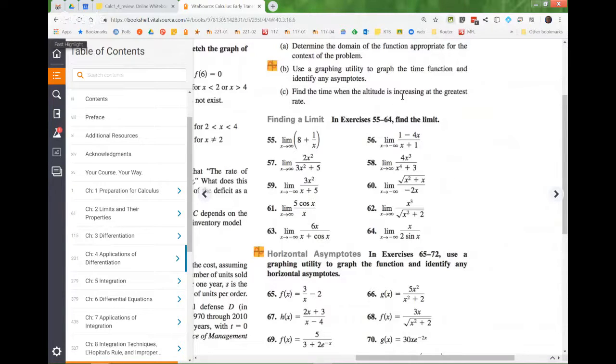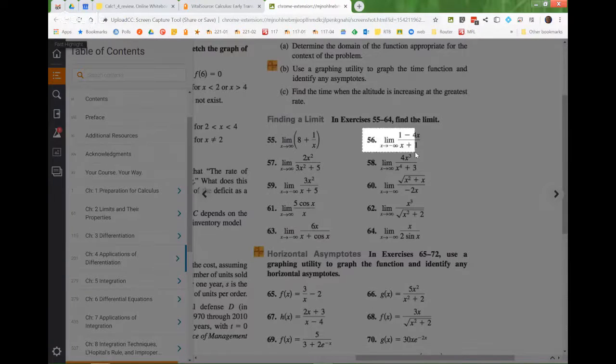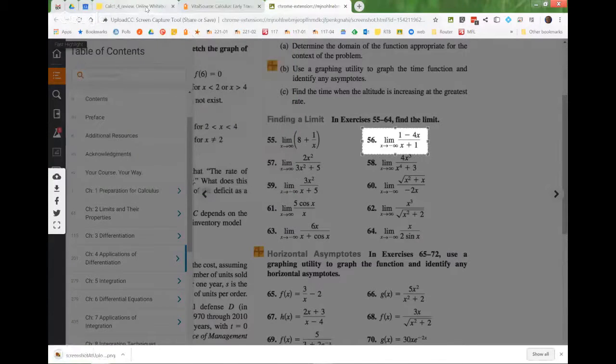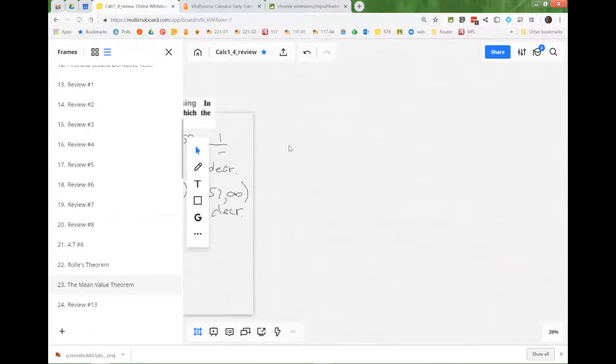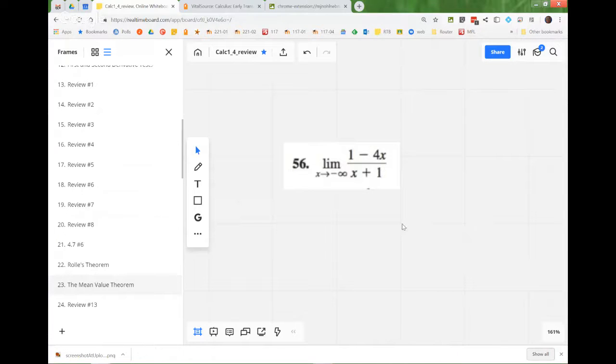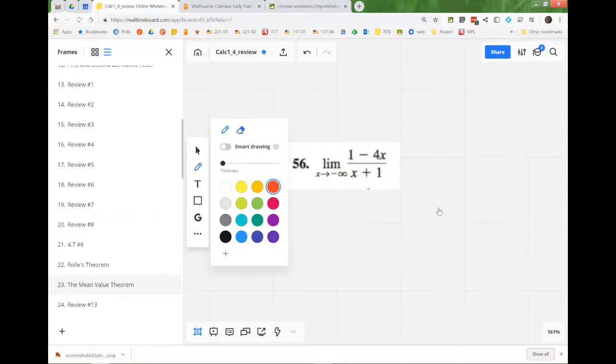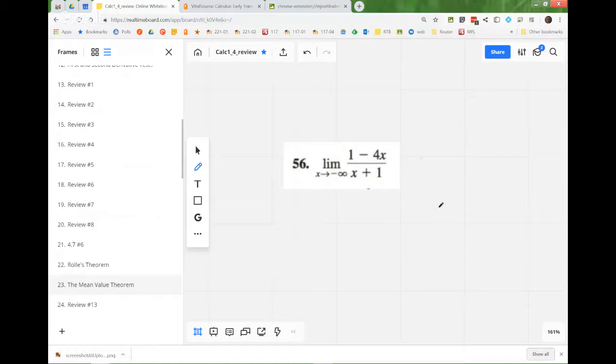Here, let me copy this. Okay, so as we do this problem, this comes down to really the limit as x approaches negative infinity of negative 4x over x.